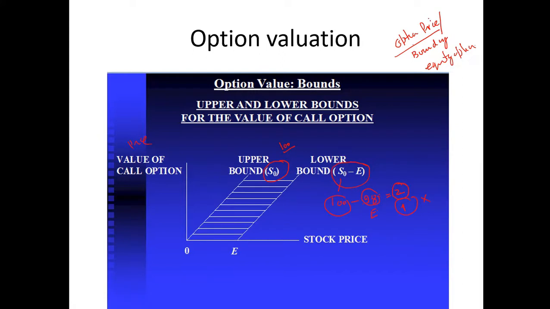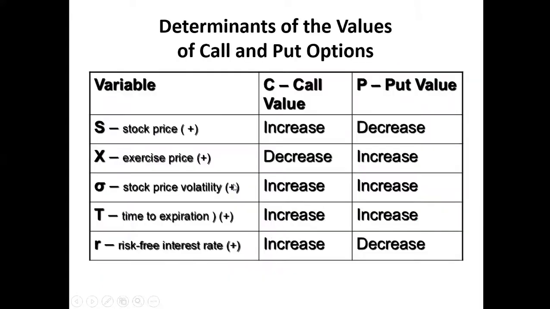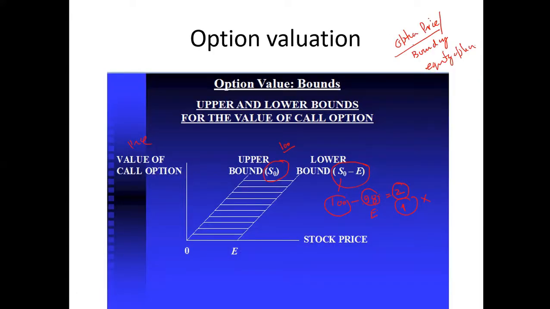Now, as I told you, various economists tried to find out an option valuation formula, what price should we charge on the option. And as I said, the breakthrough came in 1973 when Fisher Black and Myron Scholes developed their famous formula, Black and Scholes, which was improved upon by Robert Merton.